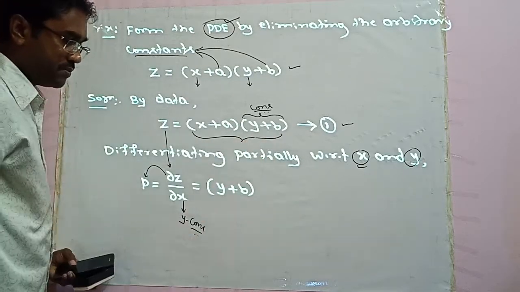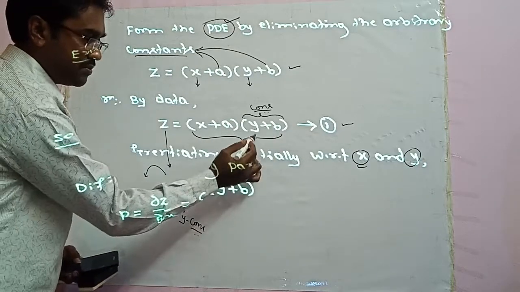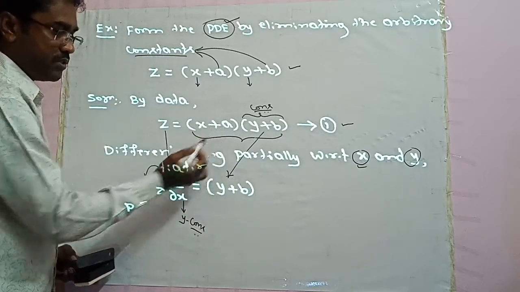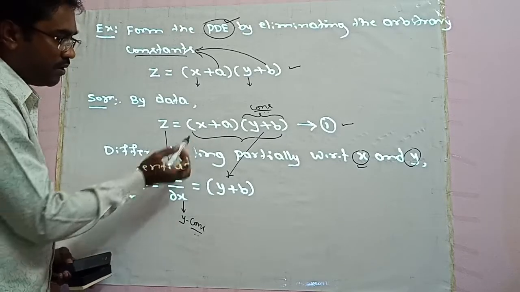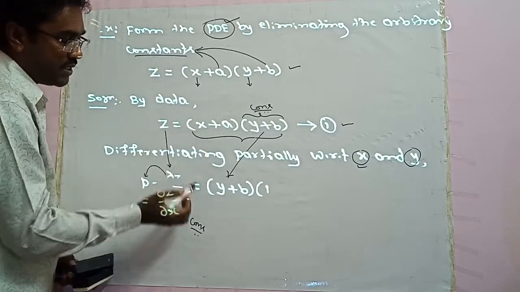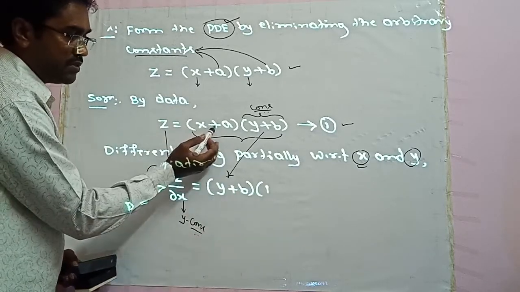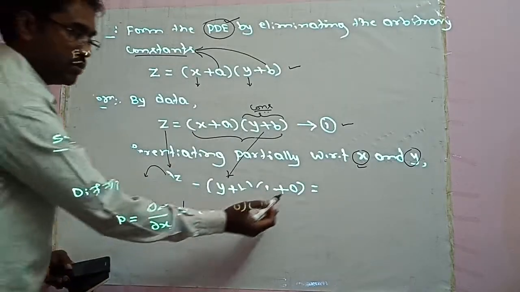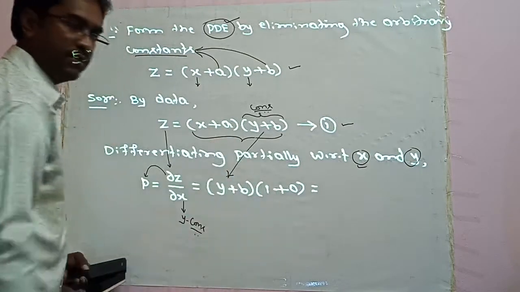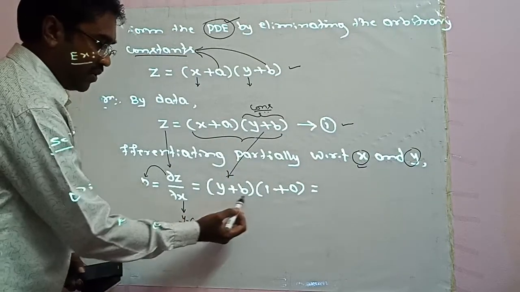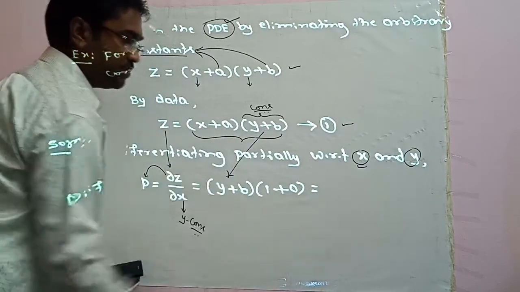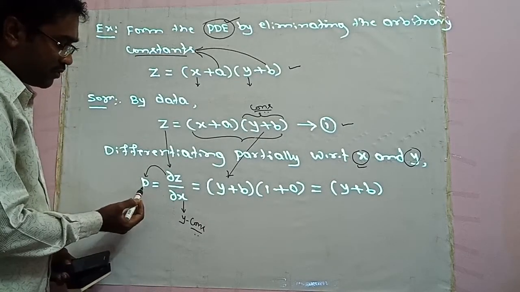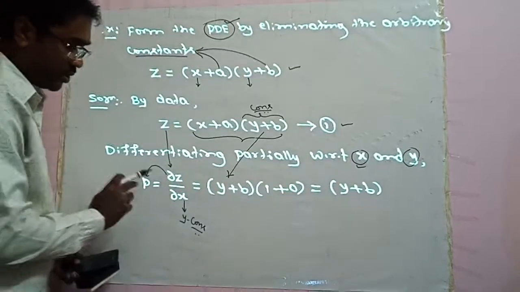As it is. We have taken the constant as it is. Differentiation of this term with respect to x: what is the differentiation of x? 1, plus differentiation of a, which is a constant, will be 0. If you simplify, what you get? y plus b. So this is our dou z by dou x, or we call it p.